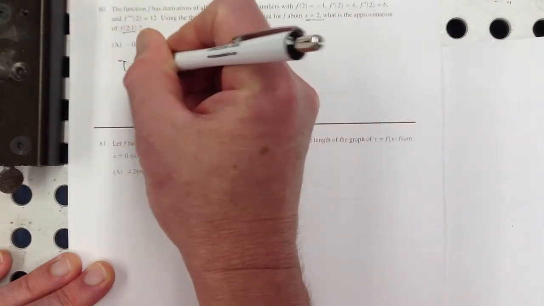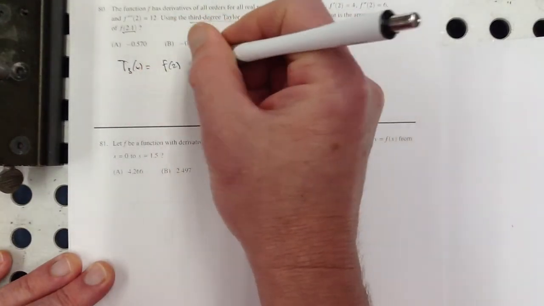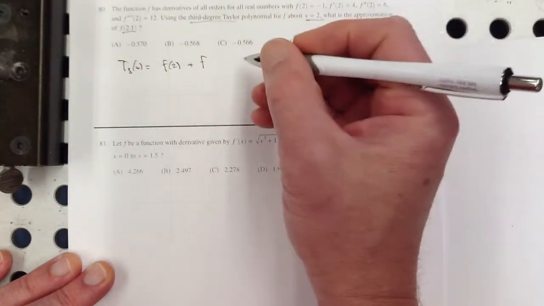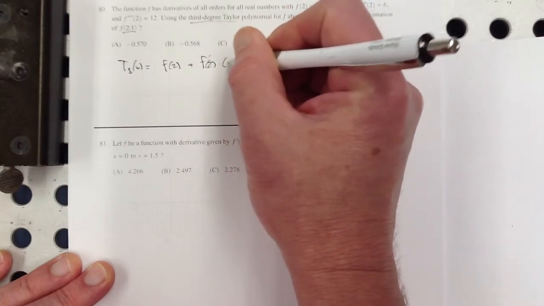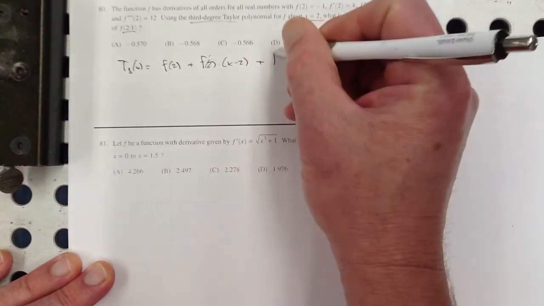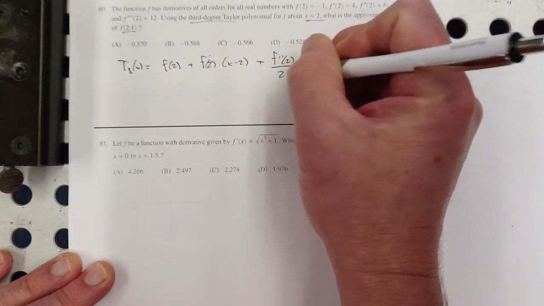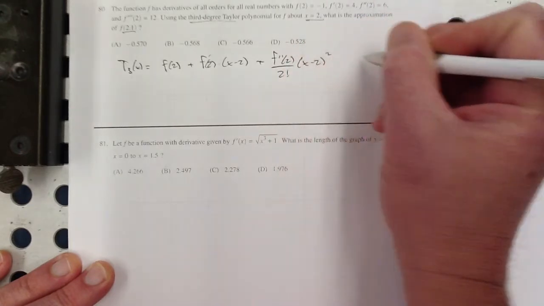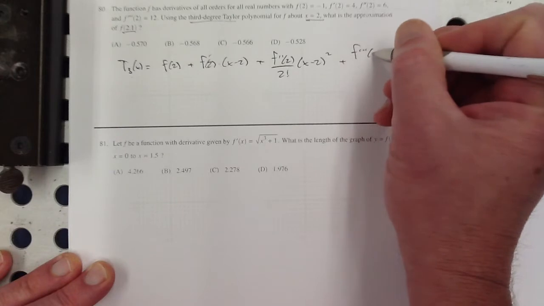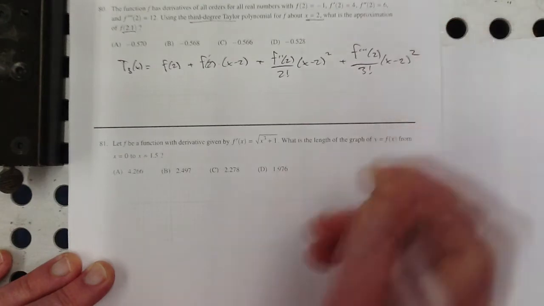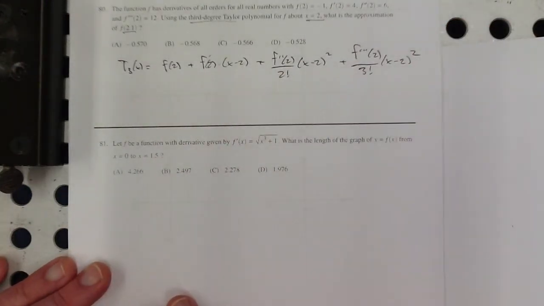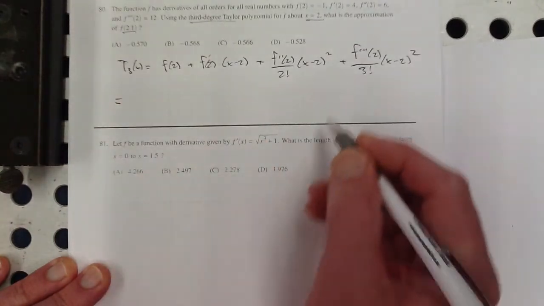You could call this T3 of x if you want, for a third degree Taylor polynomial, plus f prime of 2 times x minus 2, plus f double prime of 2 over 2 factorial times x minus 2 squared, plus f triple prime of 2 over 3 factorial. There you go. So that's just the recipe for making a Taylor polynomial. Now we just need to plug in the stuff and see what we get.